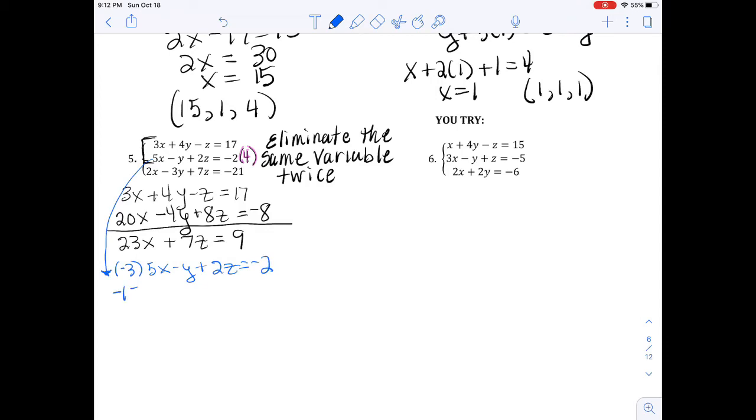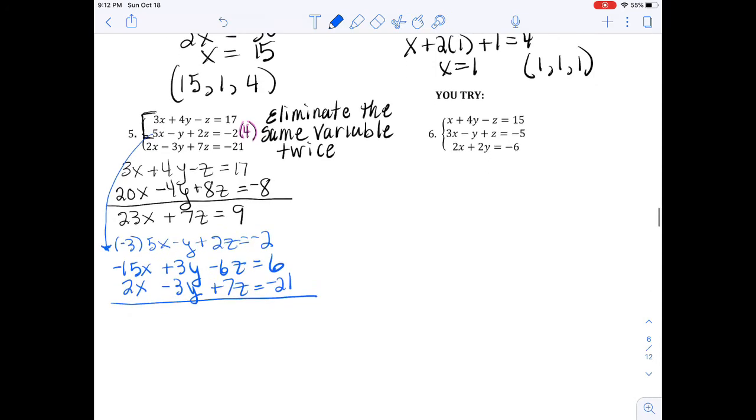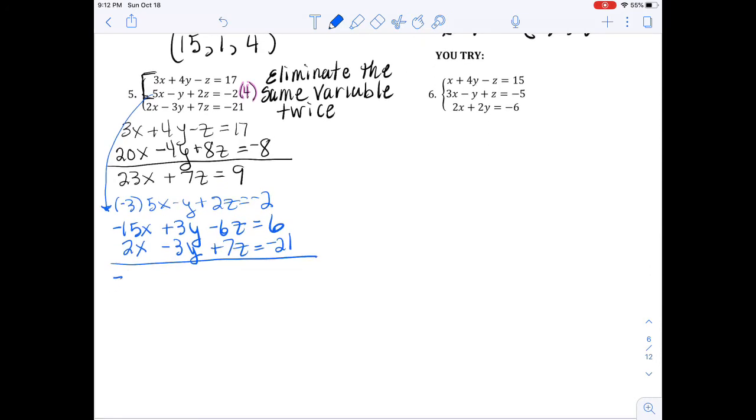So that's going to be negative 15x plus 3y minus 6z equals 6. Then I'm going to go ahead and write the third equation. 2x minus 3y plus 7z equals negative 21. And now I'm going to add those two equations together. So that's going to be negative 13x, and notice that the y's drop out, plus z equals negative 15.